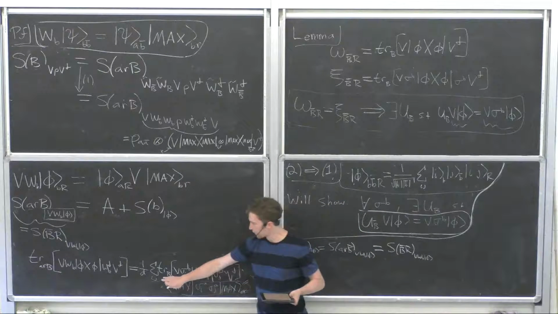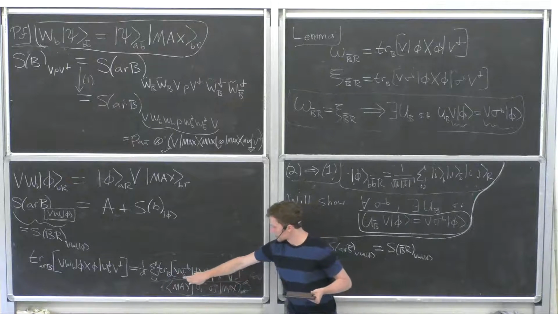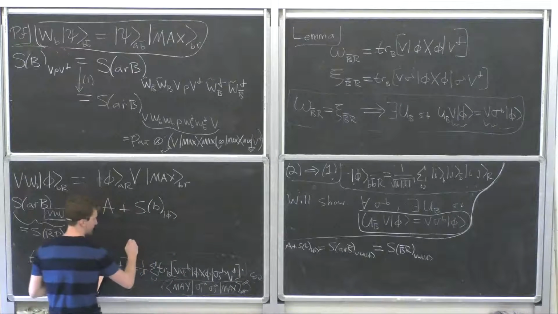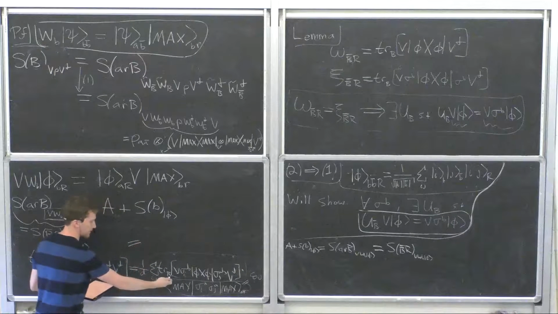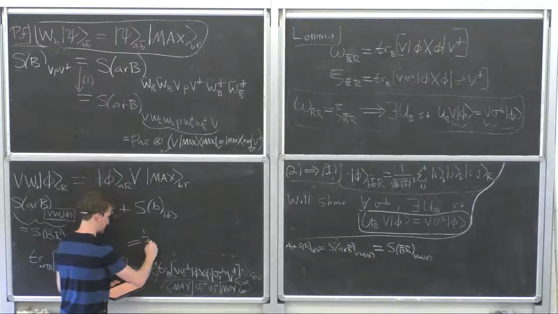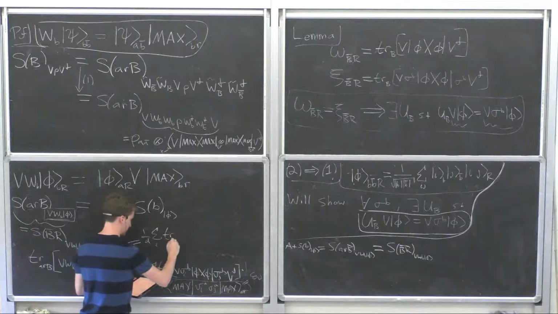So you can perform the j sum that fixes these two Paulis to be the same. And then I'm going to do a horrible thing where I write the next line above. And so you just get 1 over d of sum over I, trace of b.